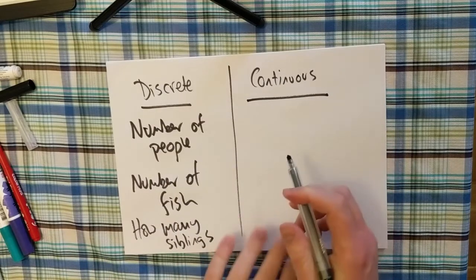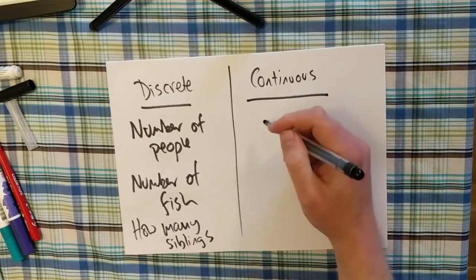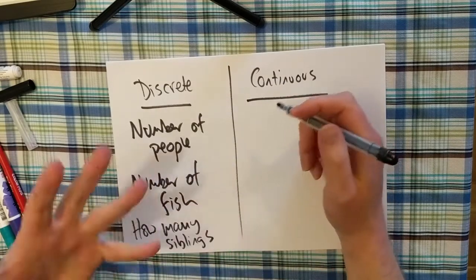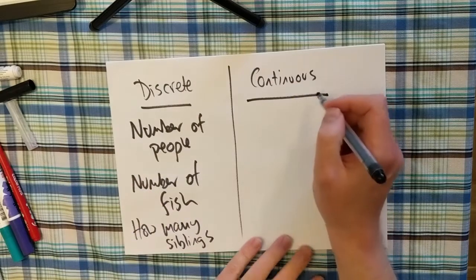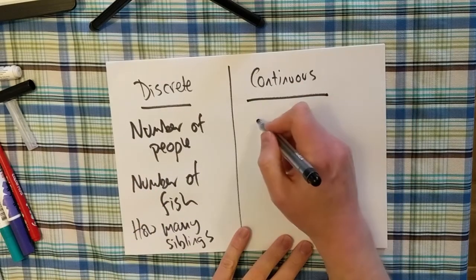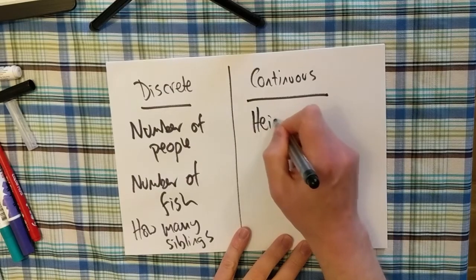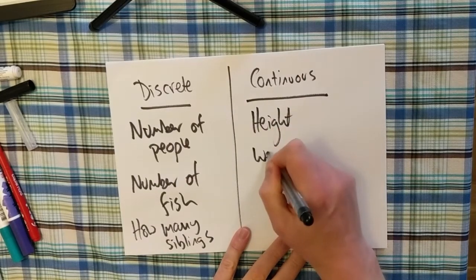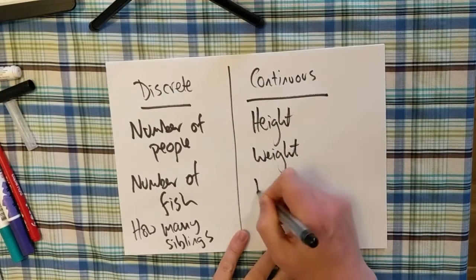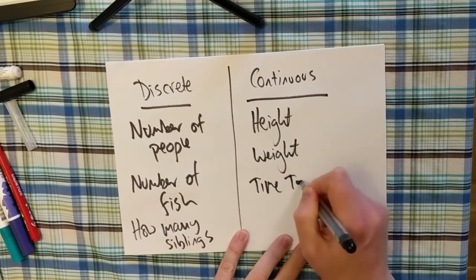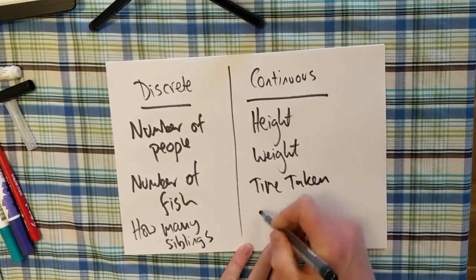Whereas continuous, generally, you have things which you're measuring with a ruler, or measuring with a stopwatch, or measuring with some scales. So something that's continuous could be height, weight, time taken, maybe something like density.